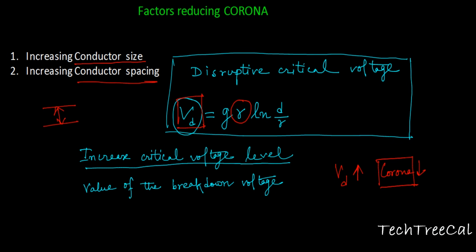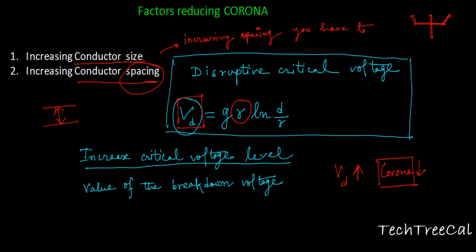But what you really need to keep in mind is that we cannot increase the spacing to an infinite level, because to increase the spacing after a particular level you have to introduce broader cross arms, and that will increase the cost of the transmission line.